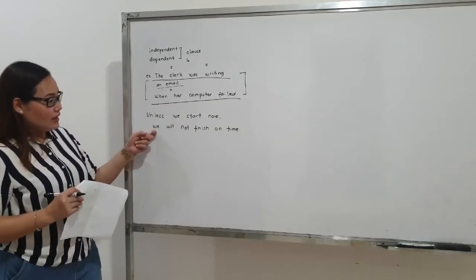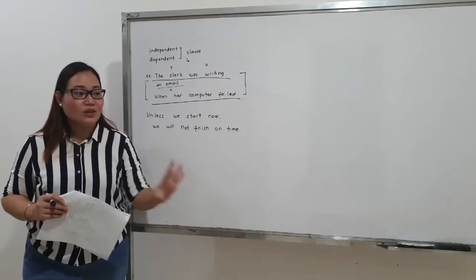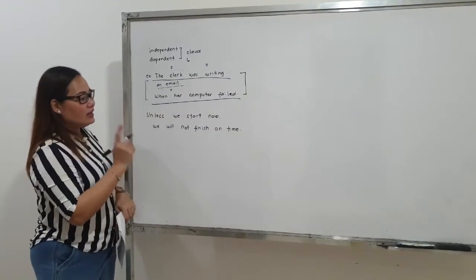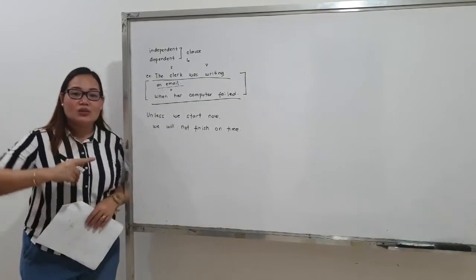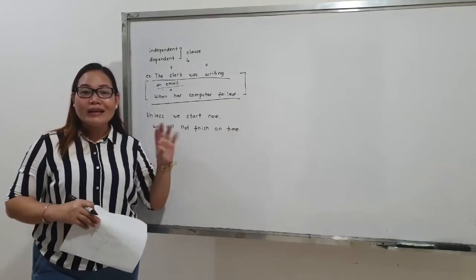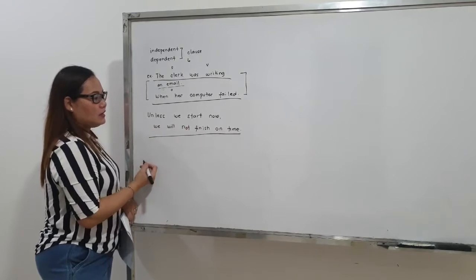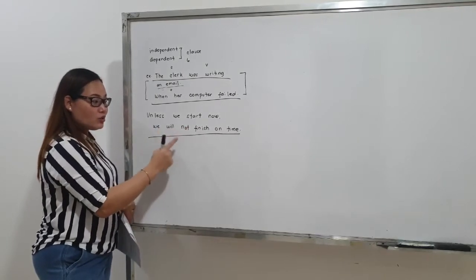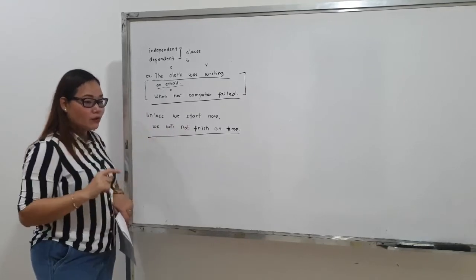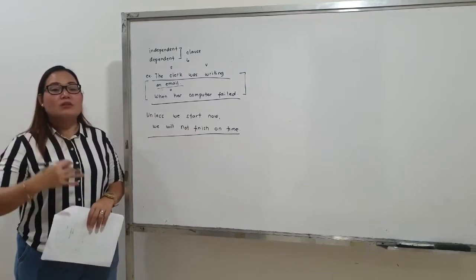In this instance, unless we start now, you are giving a condition, right? Unless we start now, we will not finish on time. You are clearly indicating that a certain situation will affect what can possibly happen.